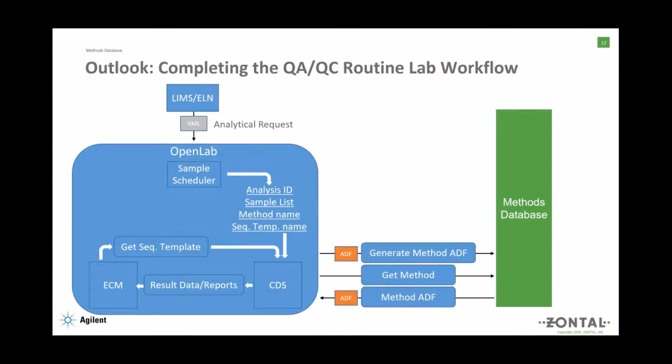And if we now enter the OpenLab space, here we have in this suite different products put together as a whole solution then. And Sample Scheduler is the entrance for this XML. So Sample Scheduler can read this analytical request. This is in an automated way, taking up this information pushed from LIMS, ELN, or other instances, and takes this information and splits it in different categories.